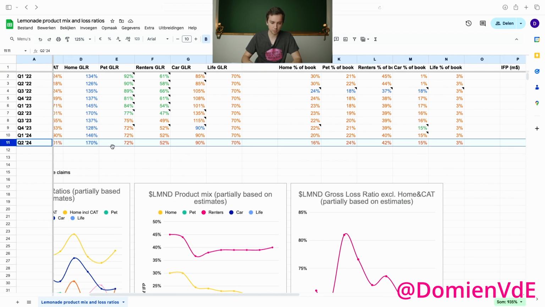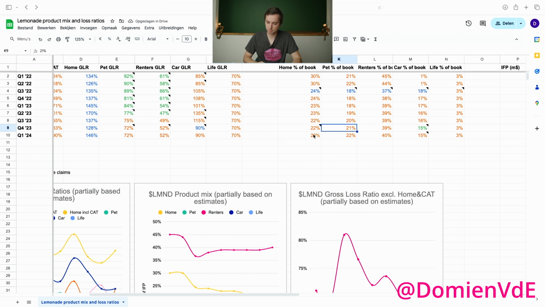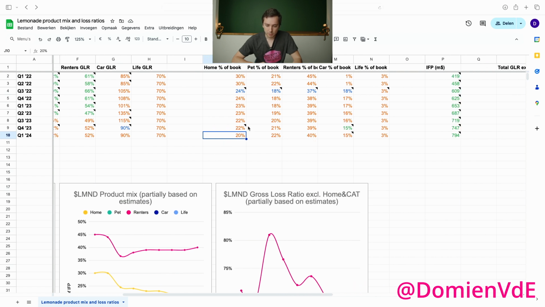Maybe I should just delete them for now because these are still quite uncertain. So basically the product mix changes slowly, except maybe now in Q1 they are ramping up their growth spend. They're also non-renewing a lot of home policies. So you can see here that I dropped the home percentage by 2% in a single quarter, but this is really not usual. This is quite an exception.